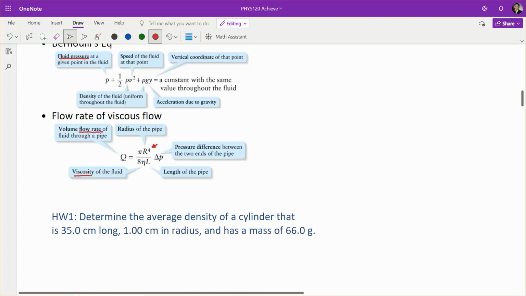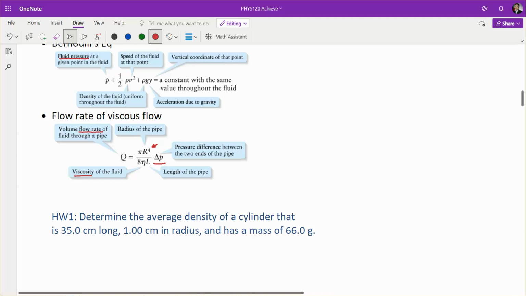A larger radius makes the pipe larger, then you will allow the fluid to flow more easily, and you're going to have more flow rate. And also, how would the fluid flow? The fluid flows because of the pressure difference.